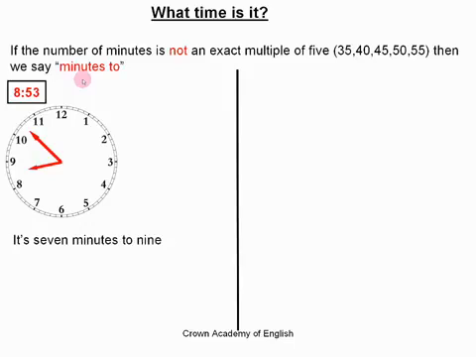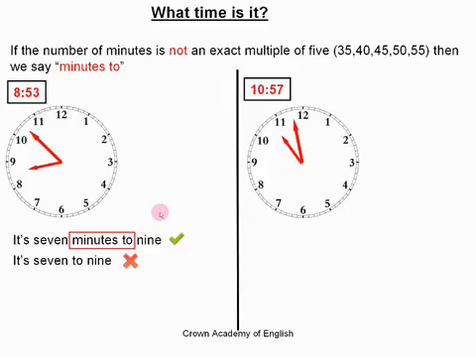Example. It's 7 minutes to 9. We do not say it's 7 to 9. That is wrong. Another example. It's 3 minutes to 11. That is correct.